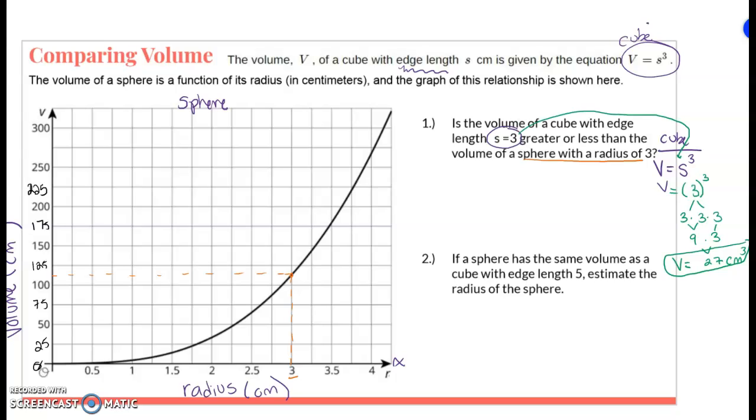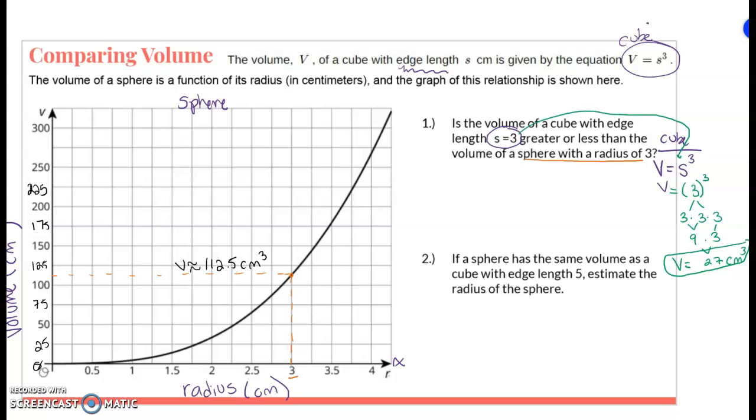So I know that my answer for the sphere, the volume of the sphere, is between 100 and 125. I'm going to say that it's about 112.5. If I took 125 and cut it in half, I'd get 12.5. So the volume of our cube is 27 versus 125.